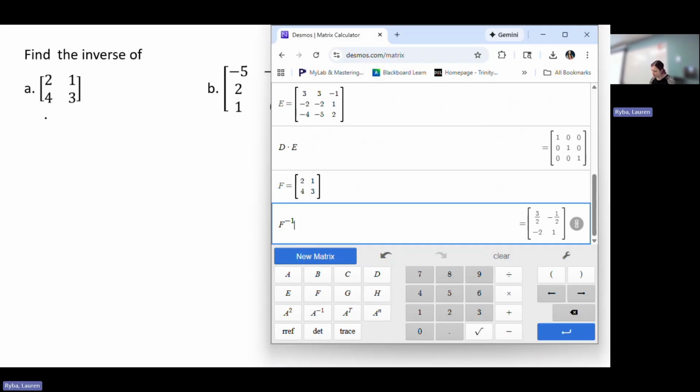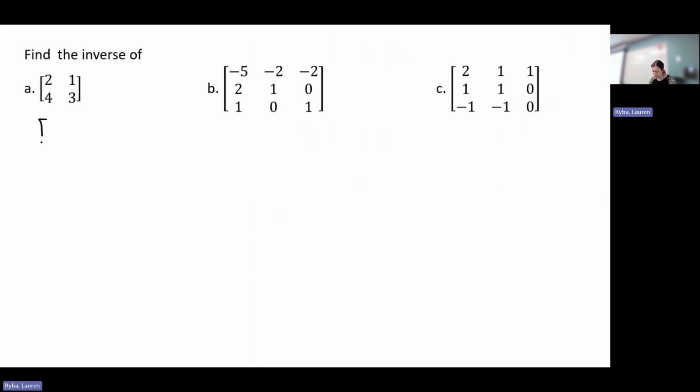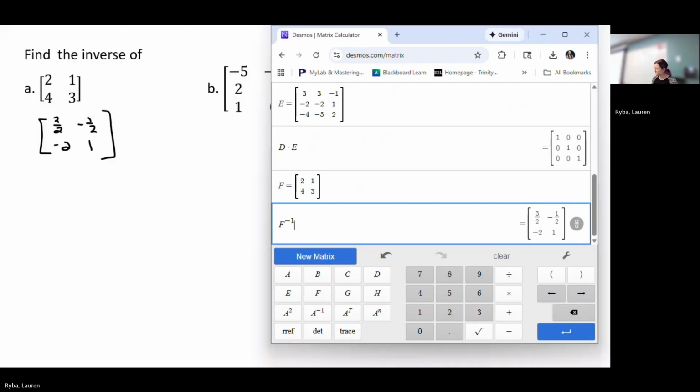So this one's inverse is 3/2, -1/2, -2, and 1. I showed you the initial ones by hand to practice the multiplication and some row operations, but I'm also showing you here.